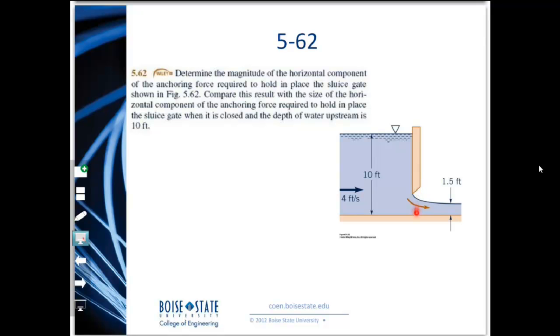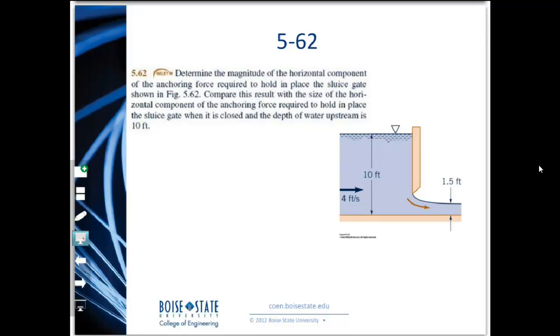If this was closed, you would anticipate that the force required to hold it in place would be more because there is no flow going out. Whereas if I open this gate now, this head of water is going in this direction. That would mean I won't need as much force to hold this head of water when it is open.